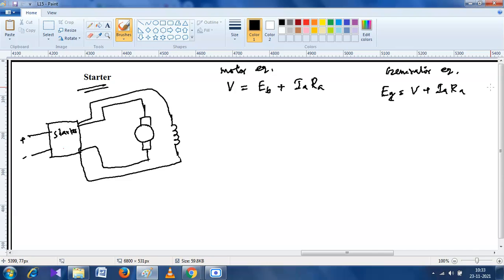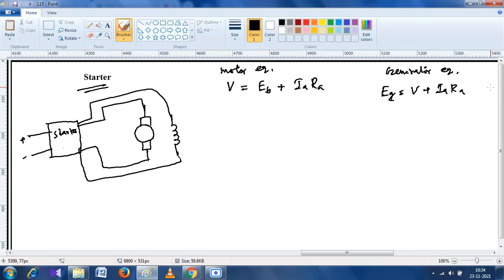When we draw the equivalent circuit of DC generator, we derive the generator equation, and when we draw the equivalent circuit of motor, we derive the motor equation. So what is the motor equation and what is the generator equation? Now tell me.